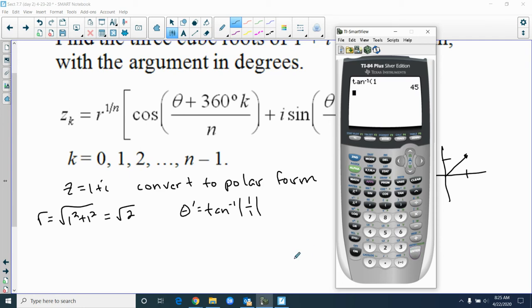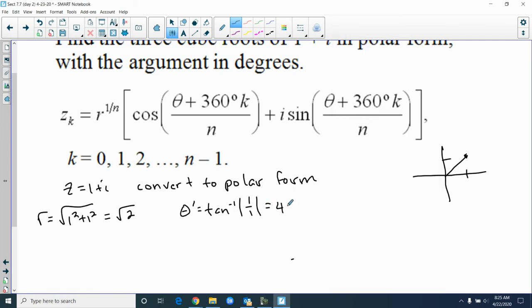Hopefully you remember this, but it's 45 degrees. Since that is in quadrant 1, our reference angle is the same as our direction. So I don't need to do anything else. So here's what we got for z. z is now square root of 2 times cosine of 45 degrees plus i sine of 45 degrees.